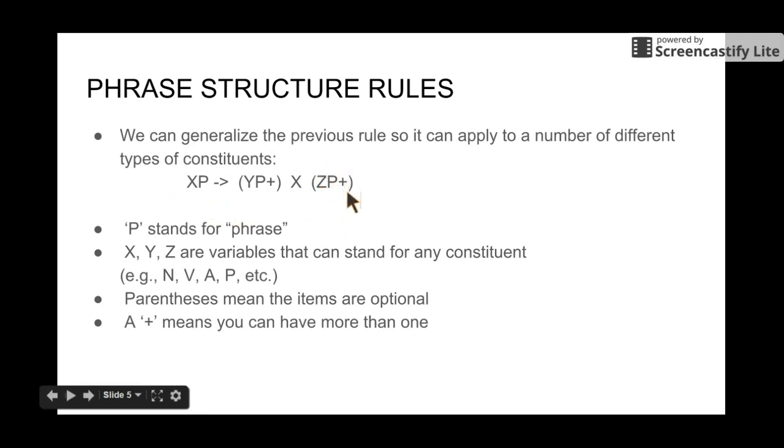And ZP is optional as well. And you may be wondering what this plus sign means. It means you can have one or more. So this would mean one YP or two YPs or more YPs.